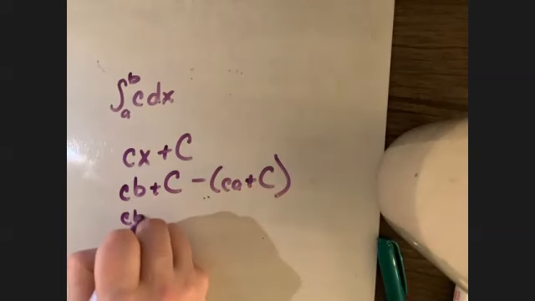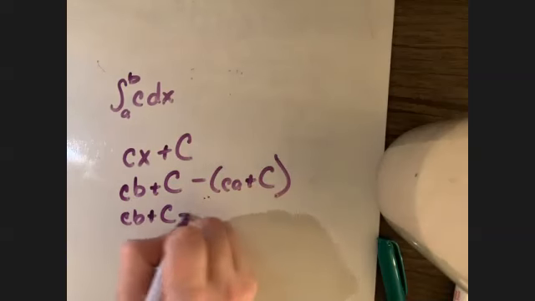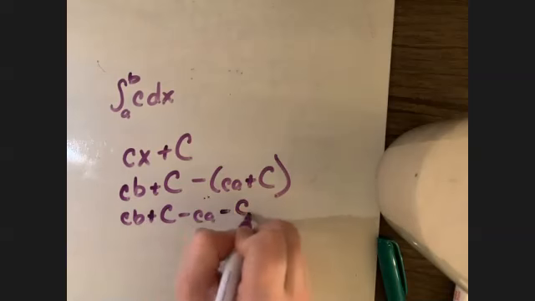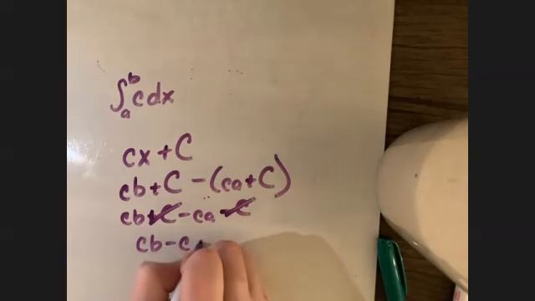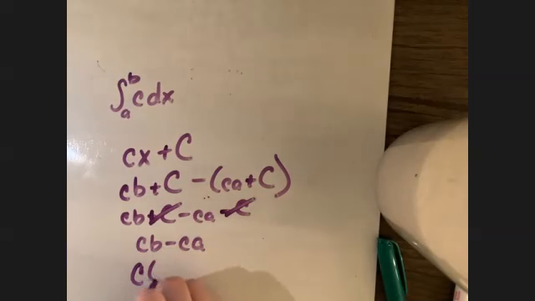So this is cb plus c minus ca minus c. Again, the c's are going to cancel off. So I have cb minus ca. They indicate that this is c times b minus a.